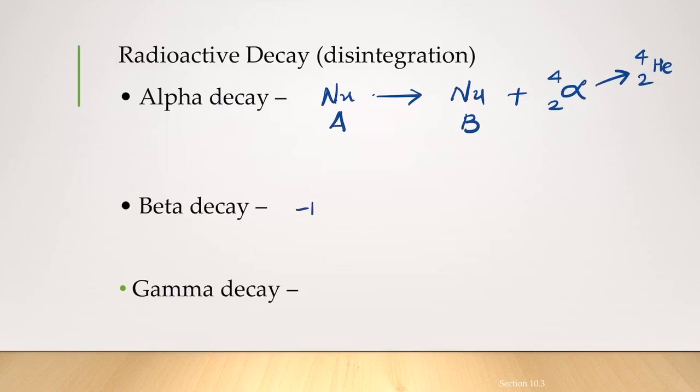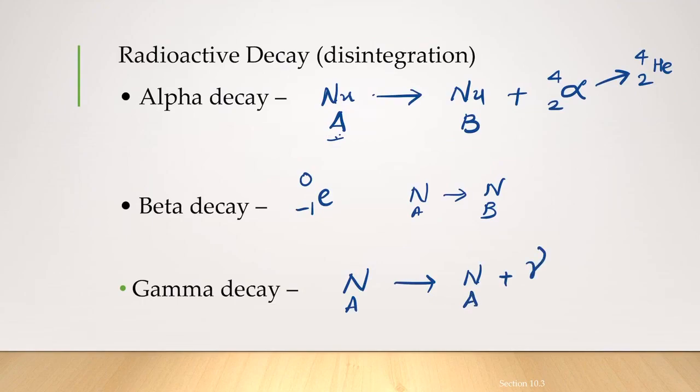A beta particle is basically an electron, which has this symbol. Gamma decay occurs when a nucleus emits gamma radiation. In alpha decay, nucleus A is converted into nucleus B, and even in beta decay, nucleus A is converted into nucleus B. But in gamma decay, nucleus A is still nucleus A, but some amount of radiation is emitted during this reaction, and that radiation is gamma radiation.